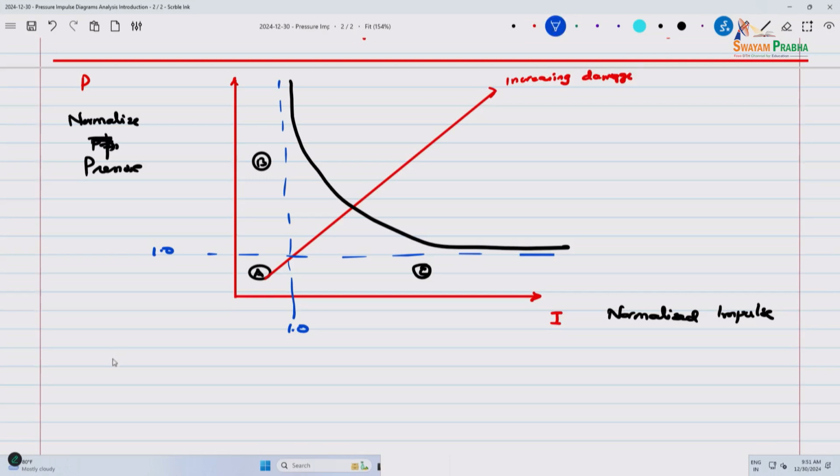Keep in mind, this is used to assess the damage or damage level for a given type of building.